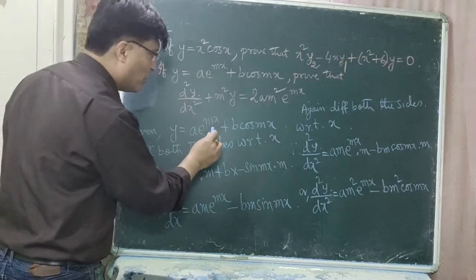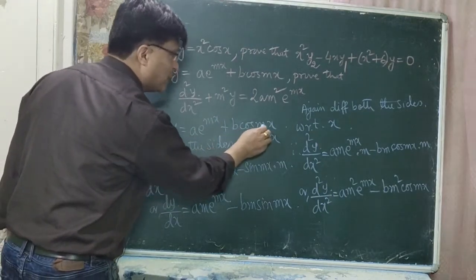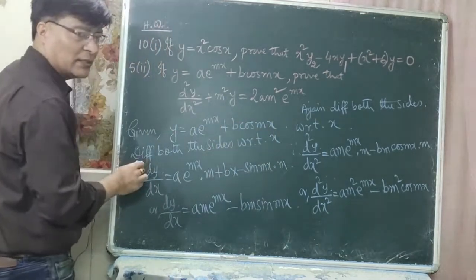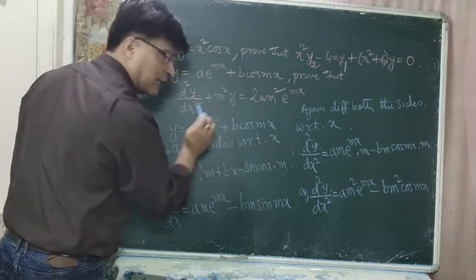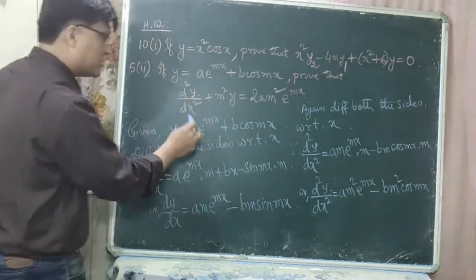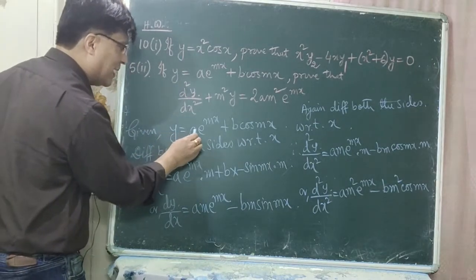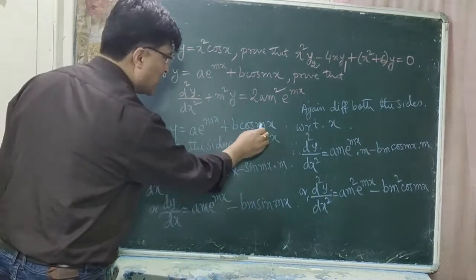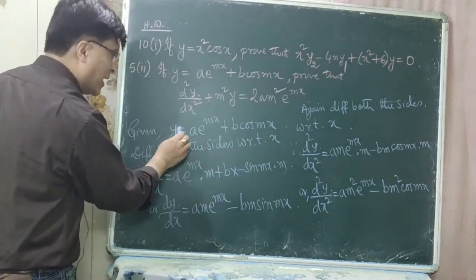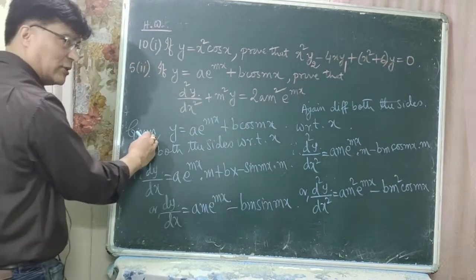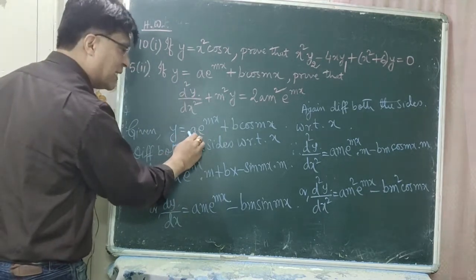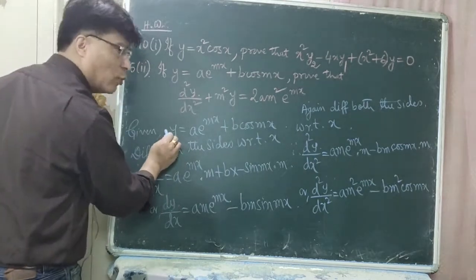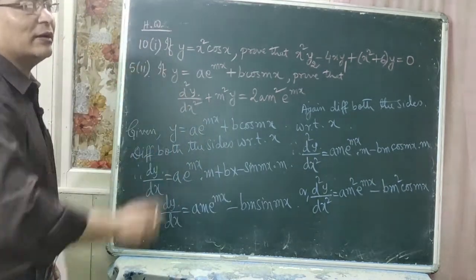So from the given you can put the value for b cos mx. What will be the value for b cos mx? y is equal to a e to the power mx plus b cos mx, so a e to the power mx taken to the left hand side becomes minus a e to the power mx. So b cos mx is y minus a e to the power mx.